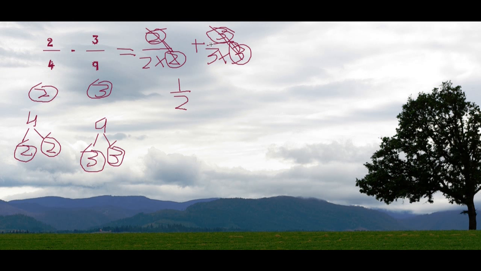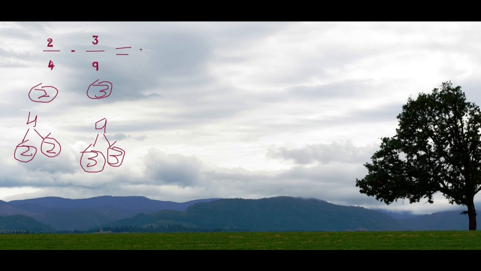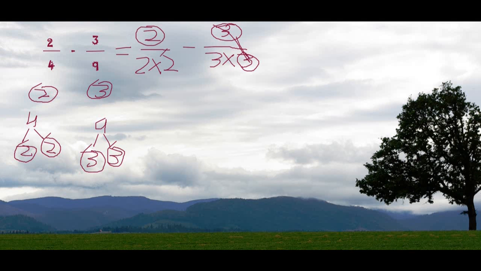I made a mistake. 2 over top of 2 times 2, because that's the same as 2/4, minus 3 over top of 3 times 3. And we can match it up and scratch. And then what we got left is 1/2 minus 1/3.